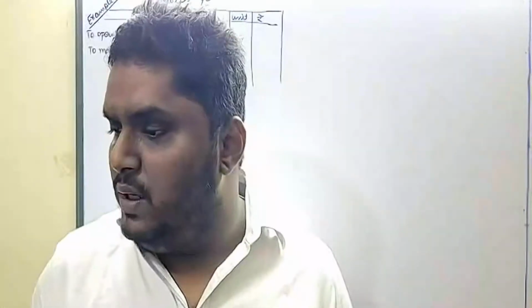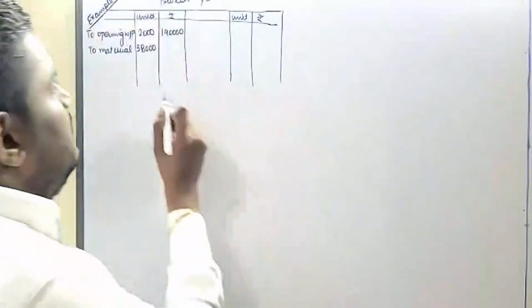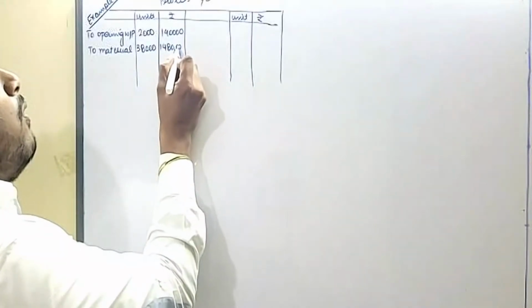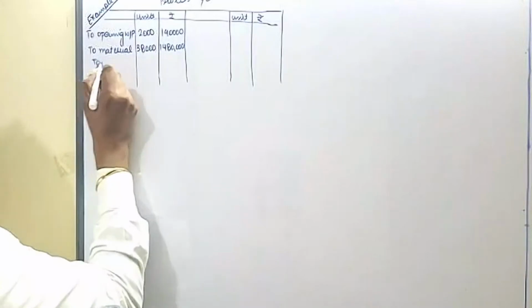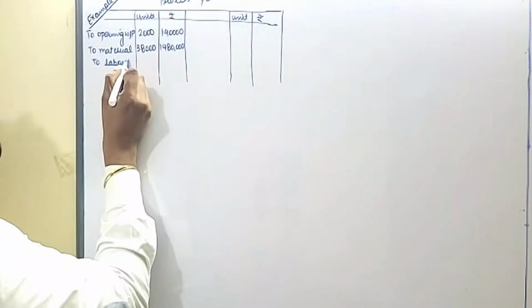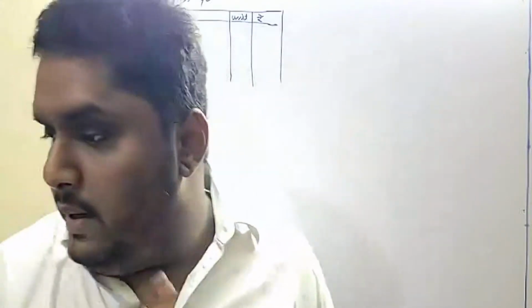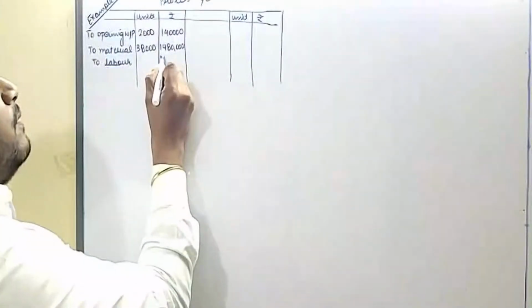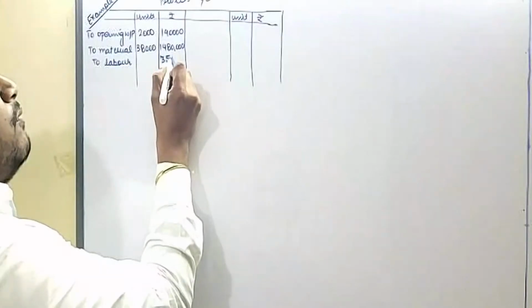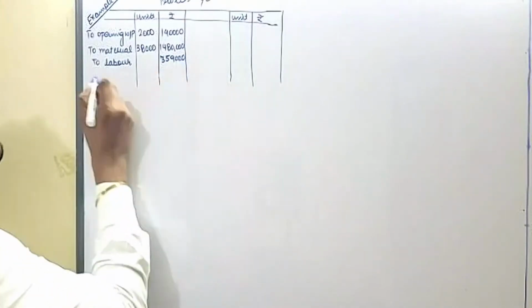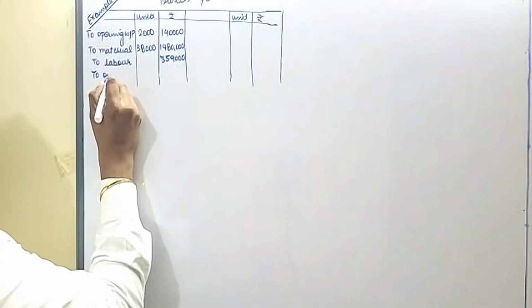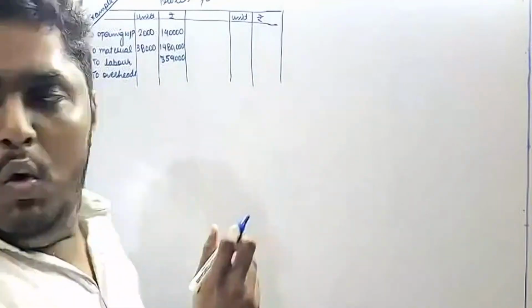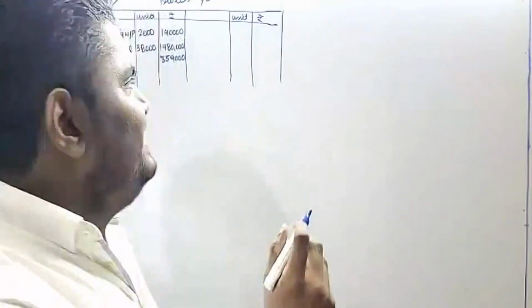And the total cost will be 14,80,000. The labor cost that is incurred is 3,59,000. Overhead cost is 10,77,000.